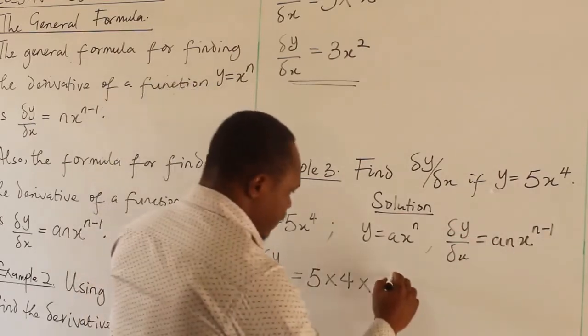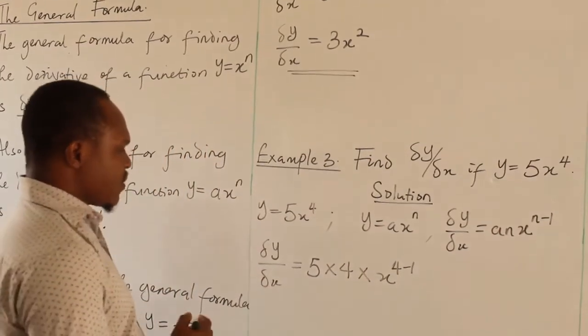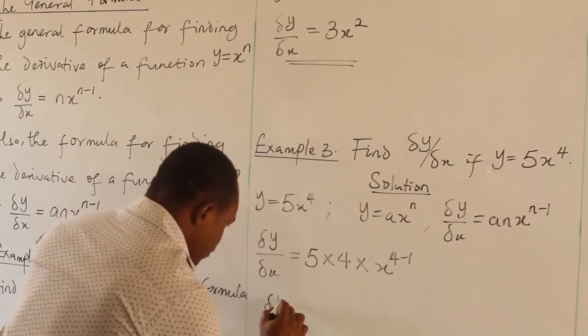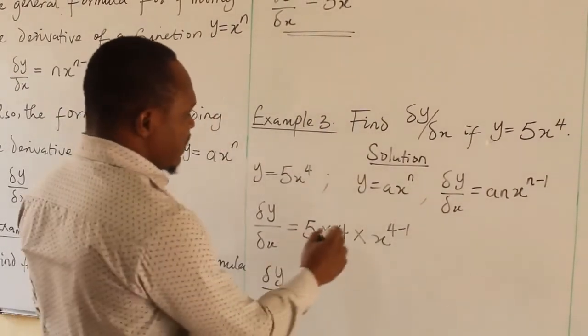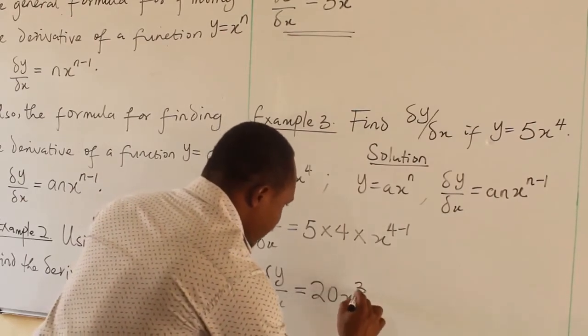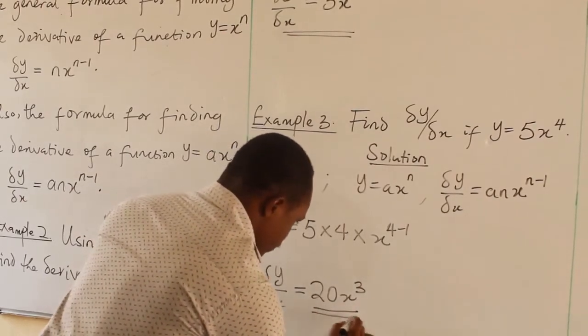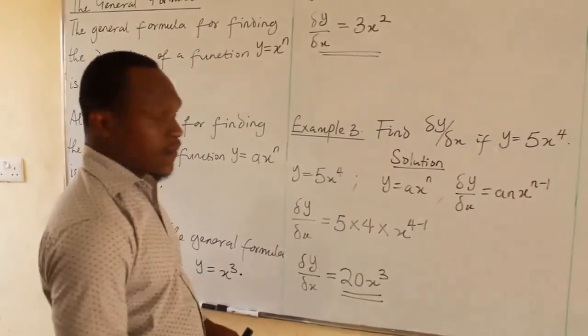Since n is 4, we have 4 minus 1, and 4 minus 1 is 3. So finally, dy over dx will be equal to 5 times 4, which is 20, so we have 20x raised to the power of 3. This is the value of dy over dx.